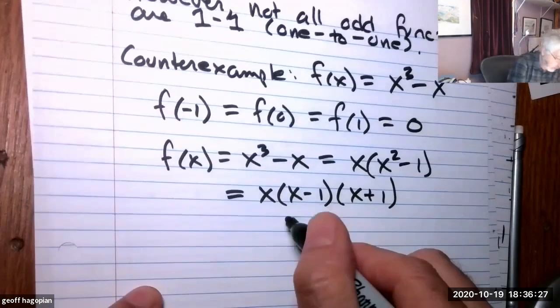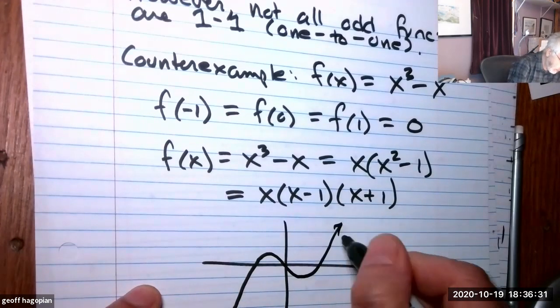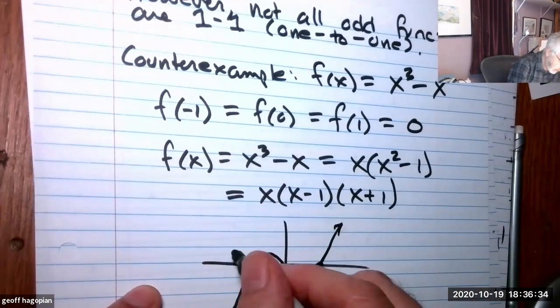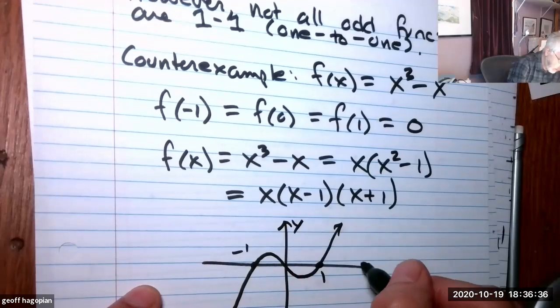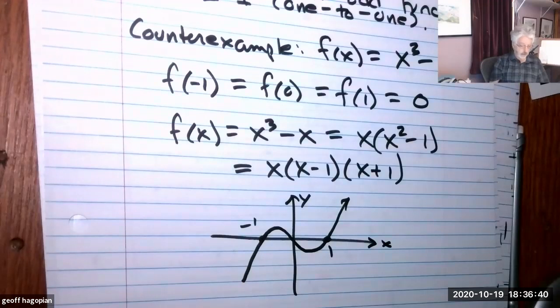And what does the graph look like? Well, it looks kind of like this. So here's 1, here's negative 1, and you can see that doesn't pass the horizontal line test. You can see that it does have origin symmetry though, right?